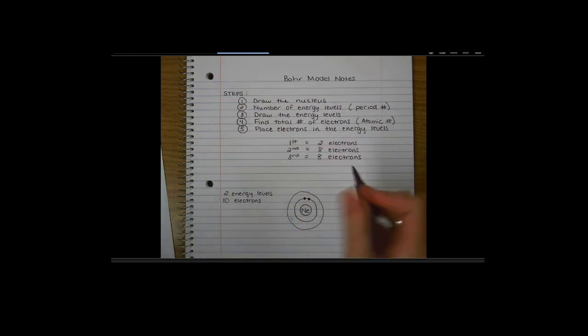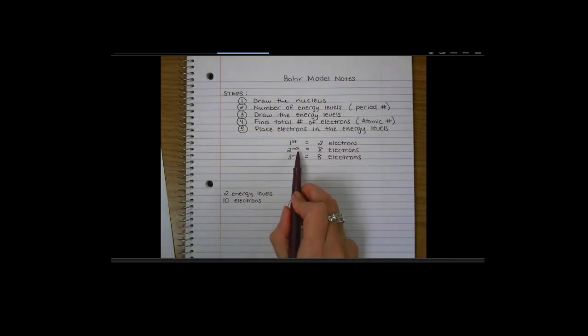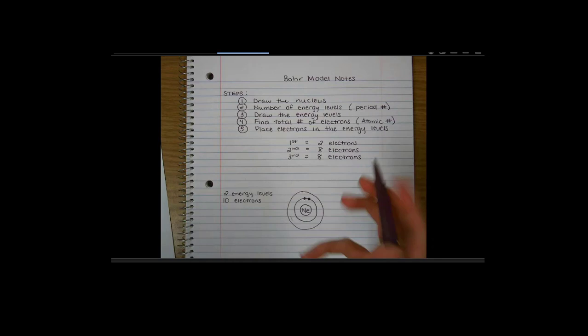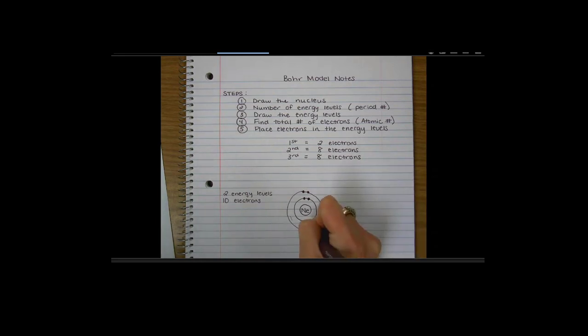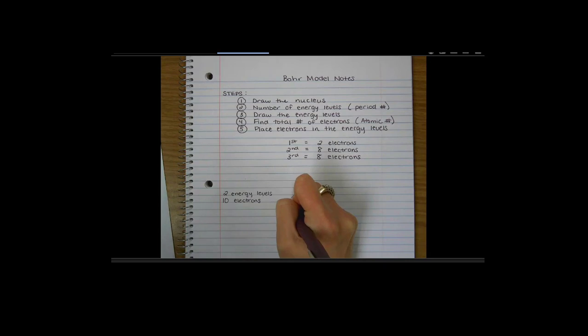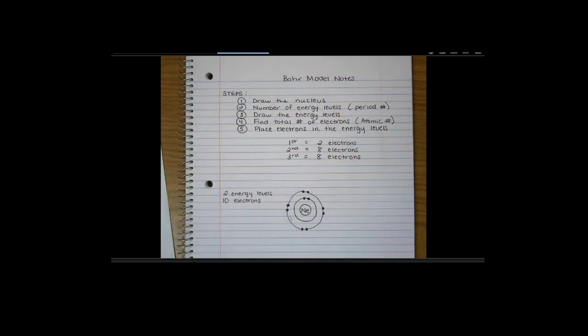I'm going to place those 8 in the second energy level because the second one can hold all 8. So draw them around here. 1, 2, 3, 4, 5, 6, 7, 8. So again, make sure you're counting. If we count 1, 2, 3, 4, 5, 6, 7, 8, 9, 10, we've reached our 10 total.